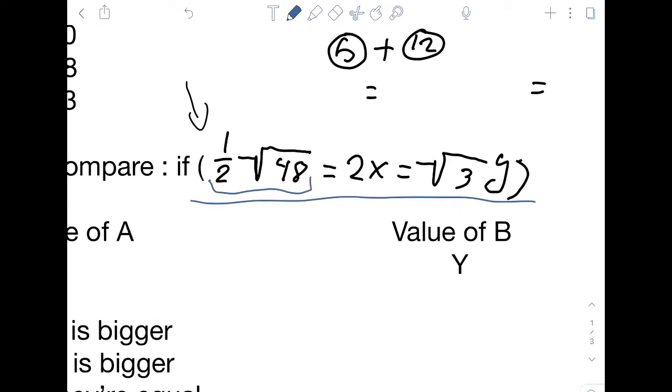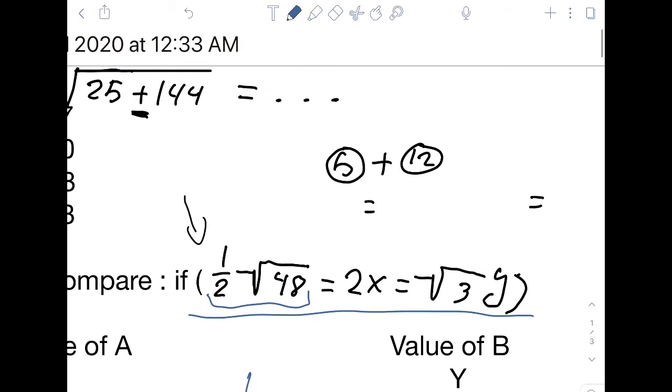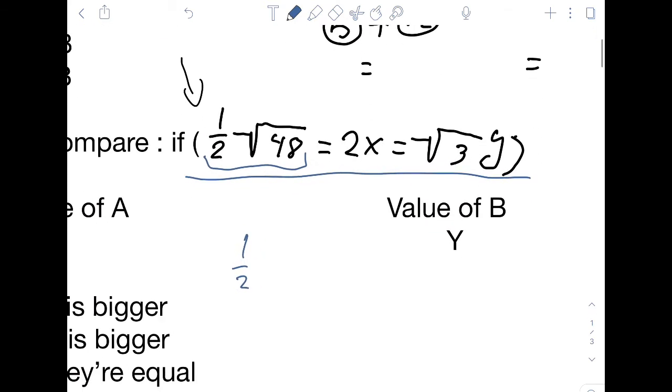Half of root 48. Again, remember this rule that we used over here. This is another square root rule that looks similar. For 48, what are two numbers multiplied by each other that give us 48?